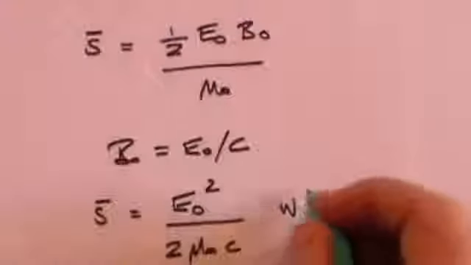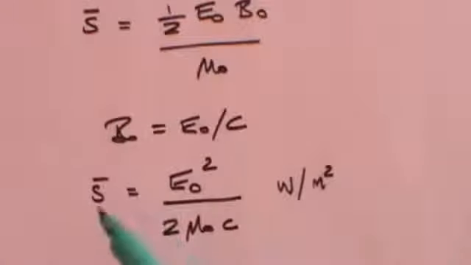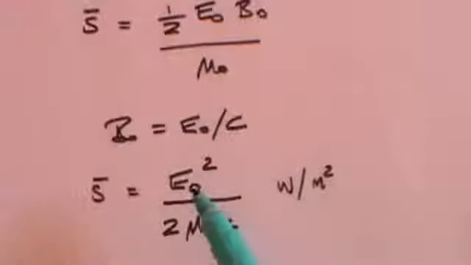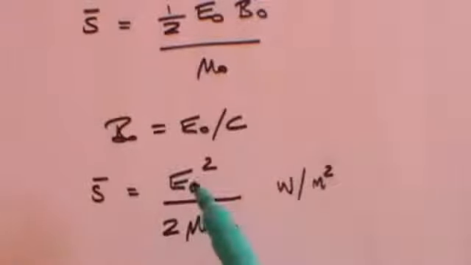And that's in watts per metre squared, of course. And since this is a measure of intensity per metre squared, that gives you an indication why whenever we talk about the intensity of electromagnetic radiation, we have to look at the value of the electric field squared, because intensity is proportional to E naught squared.